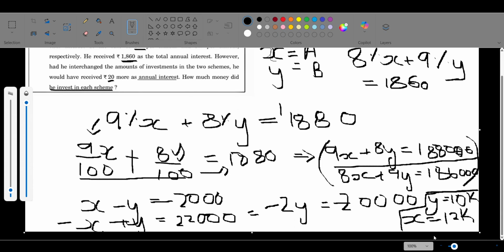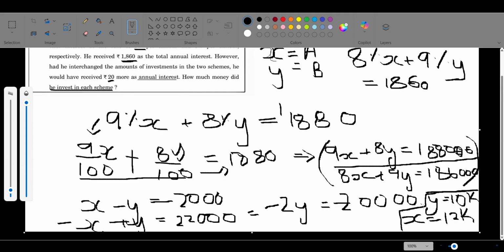We all know he invested more in x, so he gets more money, because the other way he would get only 1,860, and this way he gets 1,880, which is obviously greater. So x is the greater scheme because he invested more money.